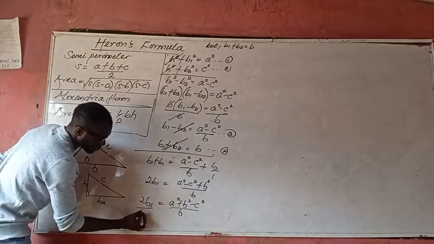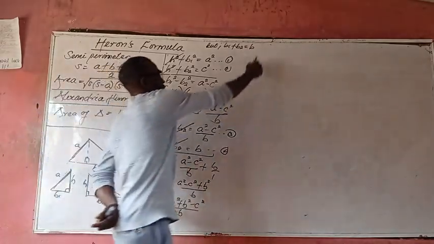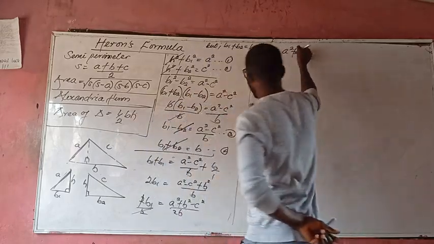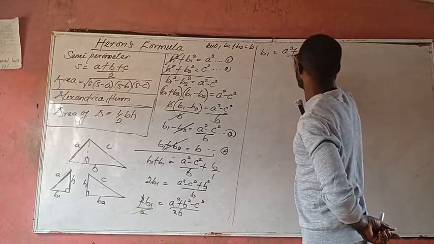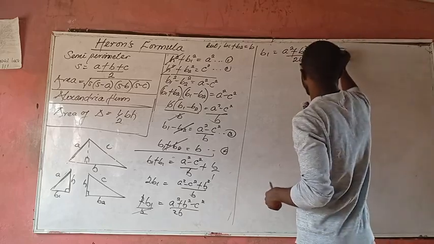We divide both sides by 2. Alright, let's roll this as equation 5.